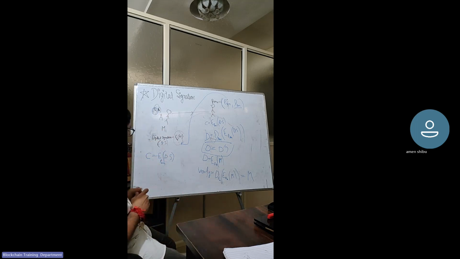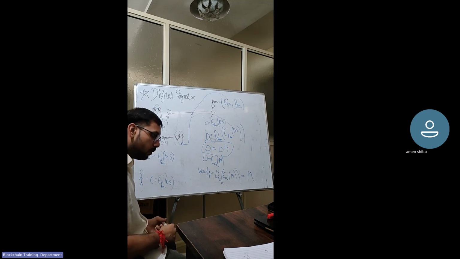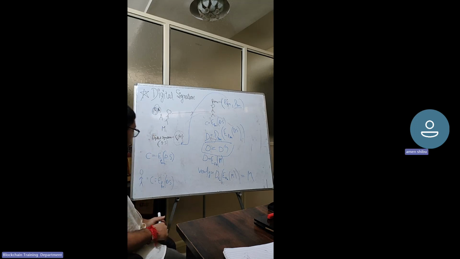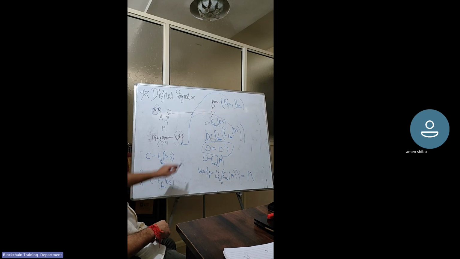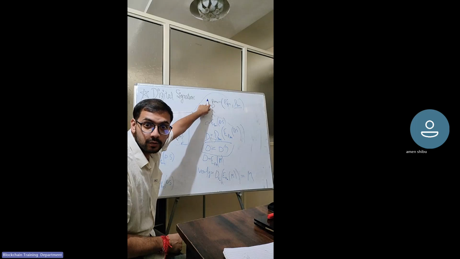Now suppose this is a person B. He will get this ciphertext also. But he cannot decrypt this digital signature because he will need your private key, which is private to you.